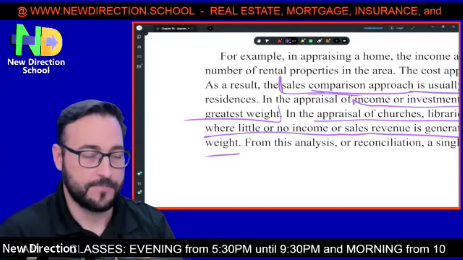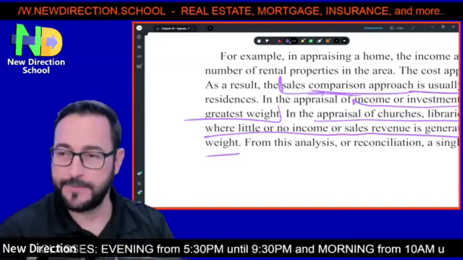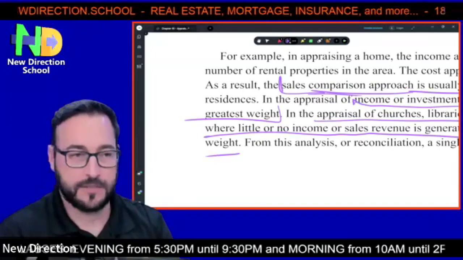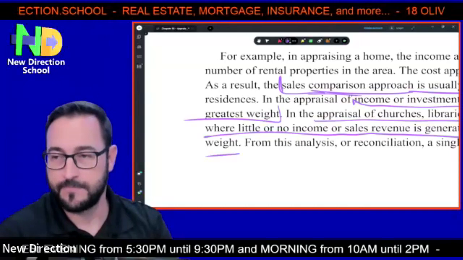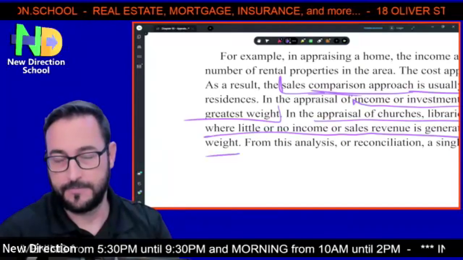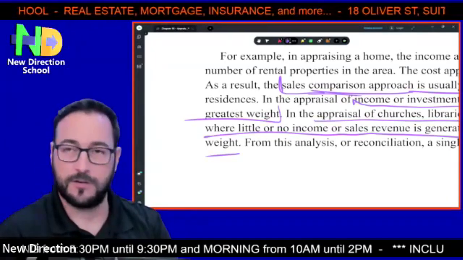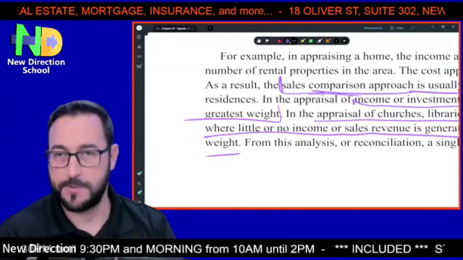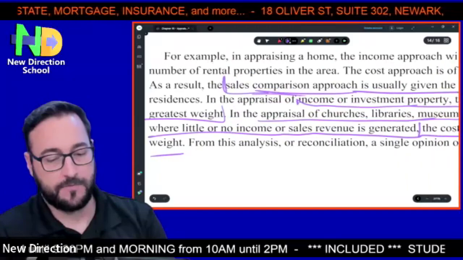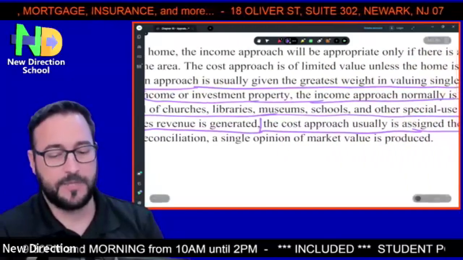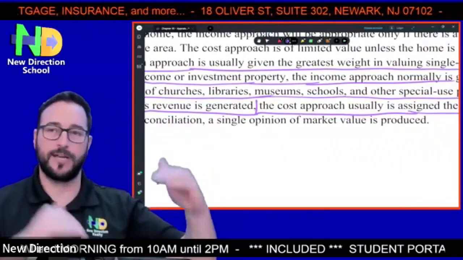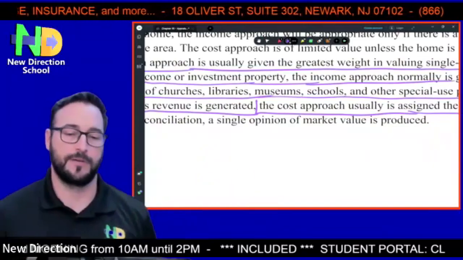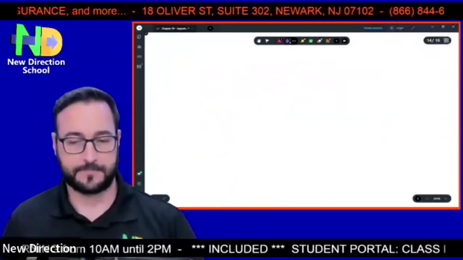If it's a three-family, which one is the best approach? Sales comparison approach. If it's a commercial property or an apartment building with 10 units, income approach. From this analysis or reconciliation, a single opinion of market value is produced. So they'll put different weights on the values based on the type of property it is.